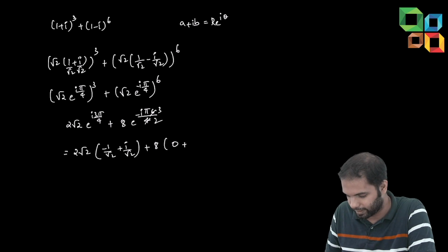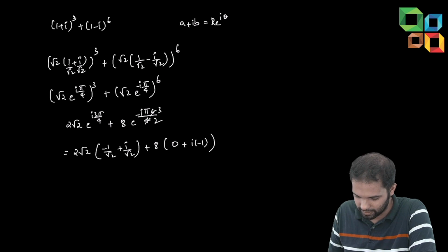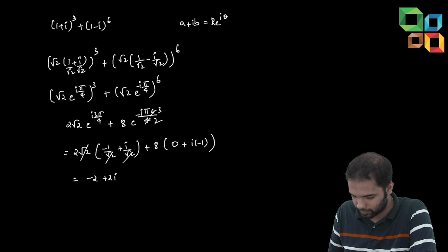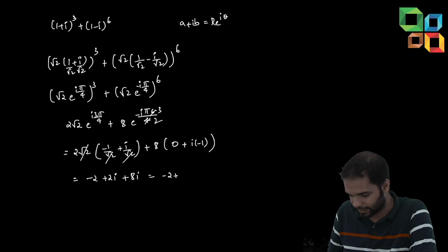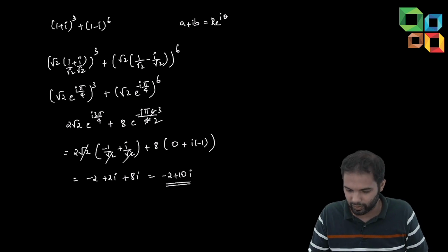Sine of minus 3 pi by 2 is minus 1. So what remains? This root 2 will get cancelled, I have minus 2 plus 2i plus 8i. So this is nothing but minus 2 plus 10i. Okay. Can you see how the problem reduced very quickly?